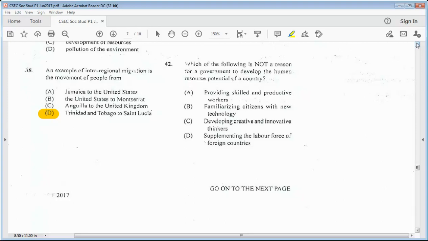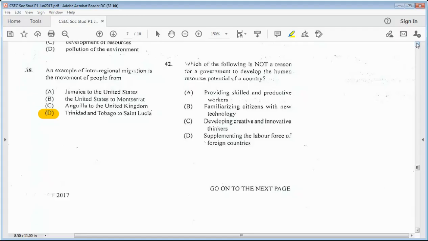So look at it. A, providing skilled and productive workers. That would be a reason for government to develop the human resource. B, familiarizing citizens with new technology. That would be a contributing reason for government to develop the human resource. C, developing creative and innovative thinkers. Absolutely.